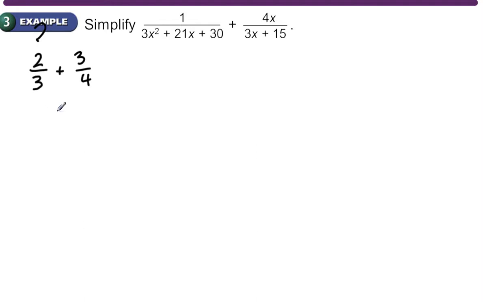What do you have to have in order to add these two together? You have to have a like denominator, a common denominator. So 3 and 4, the smallest thing they have in common is 12. So 3 times 4. See how that works?